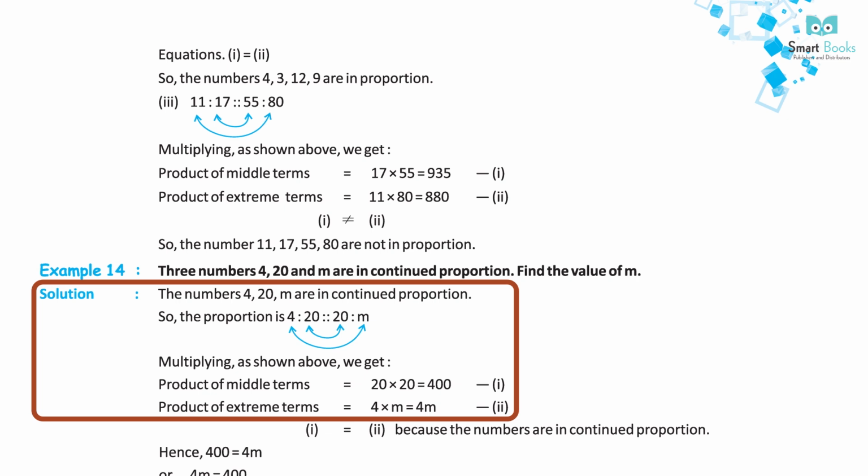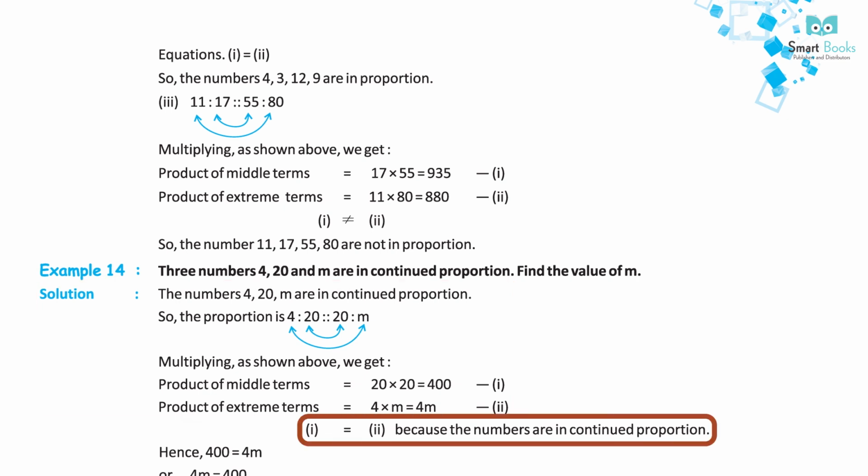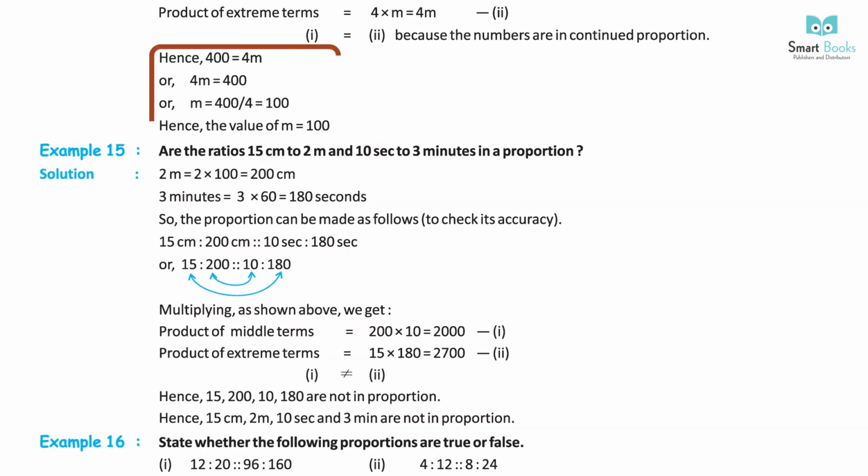First statement, product of extreme terms equals 4 into m equals 4m. The first statement equals the second statement because the numbers are in continued proportion. Hence 400 equals 4m, or 4m equals 400, or m equals 400 upon 4 equals 100. Hence the value of m equals 100.